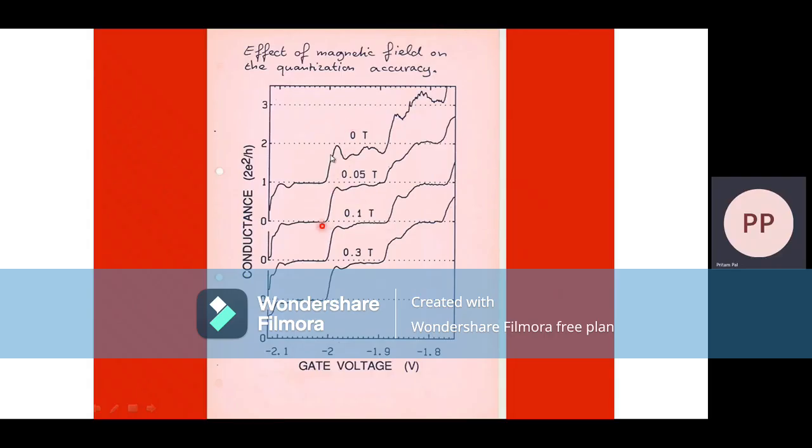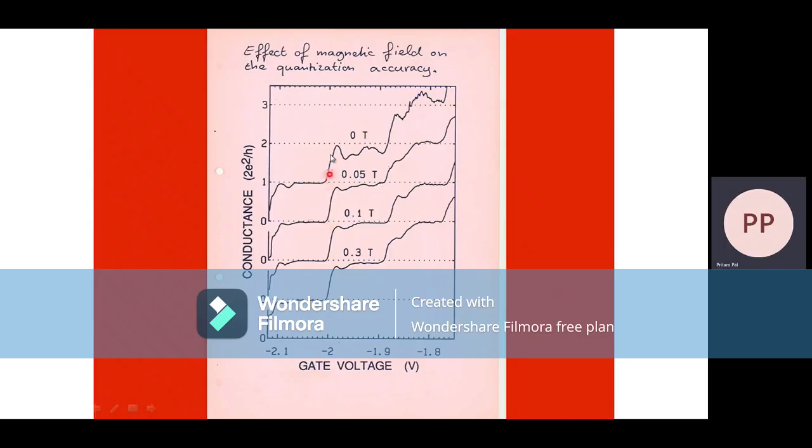You could still kind of recognize the regions where conductance should be quantized, but as they increased the field applied perpendicular to the surface of the two-dimensional electron gas, like in the focusing geometry that we discussed already, eventually the plateaus become much more clear. So the conductance quantization can be recovered by applying a higher magnetic field.